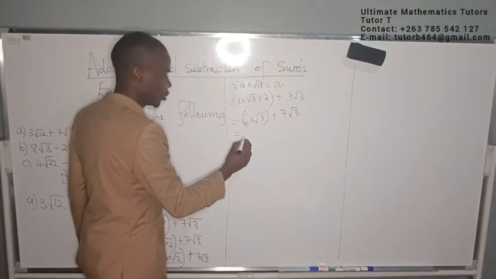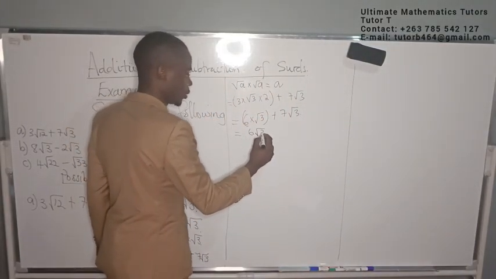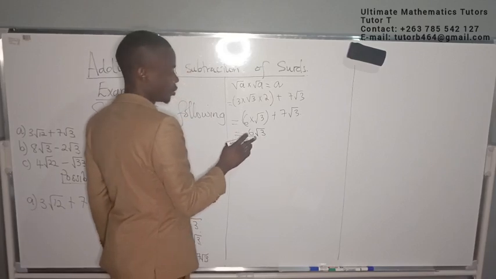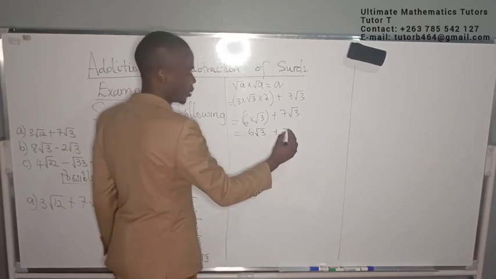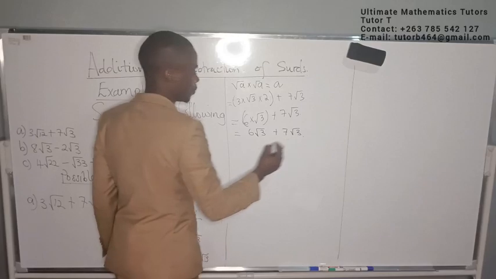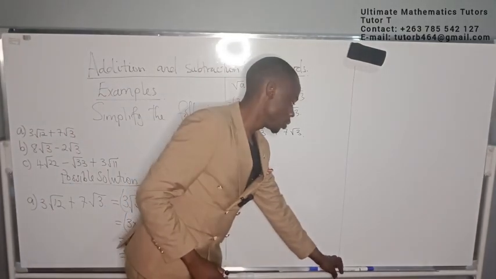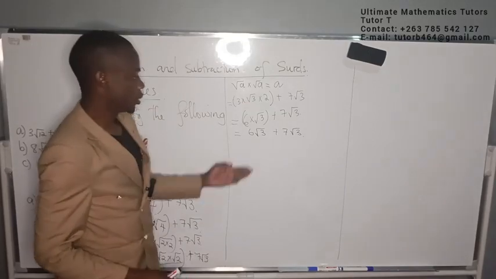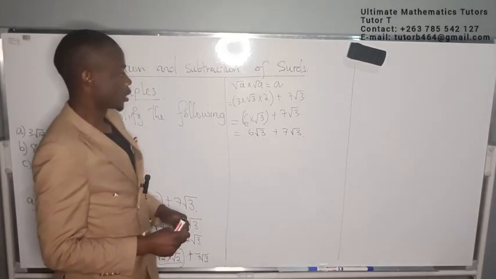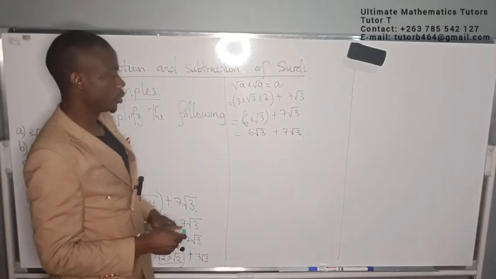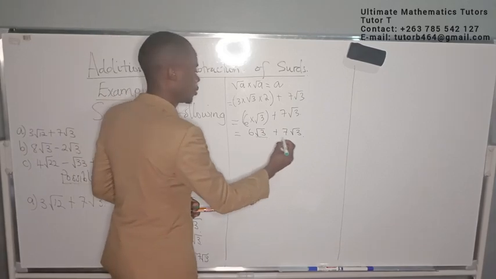Now we're left with 6 root of 3 plus 7 root of 3. As you can see from the question, we've got something which is common: root of 3 is common.